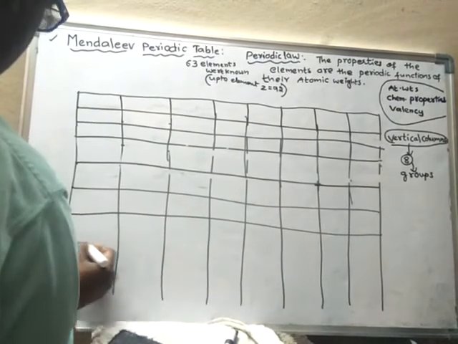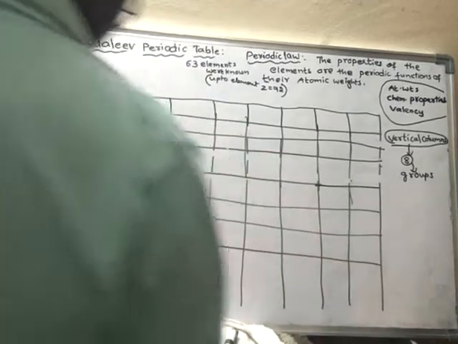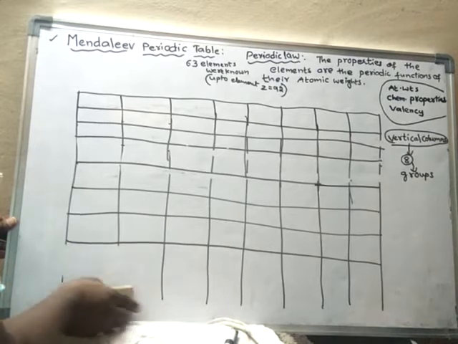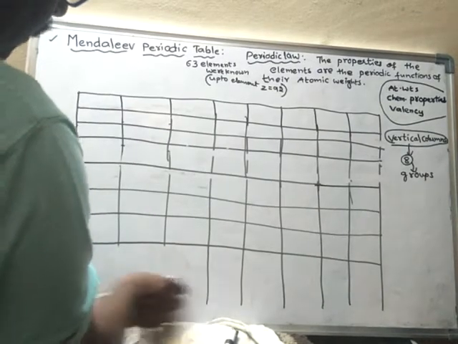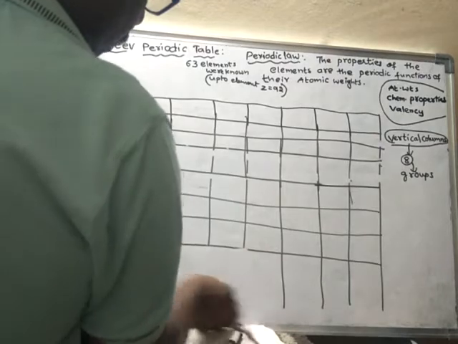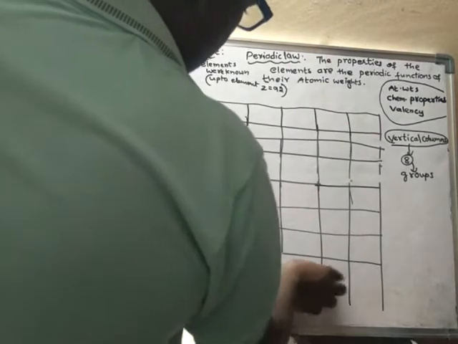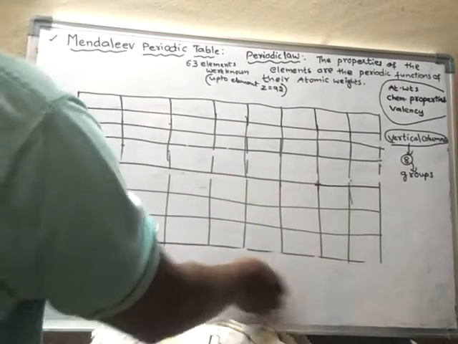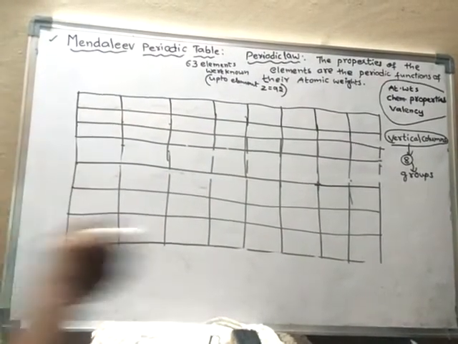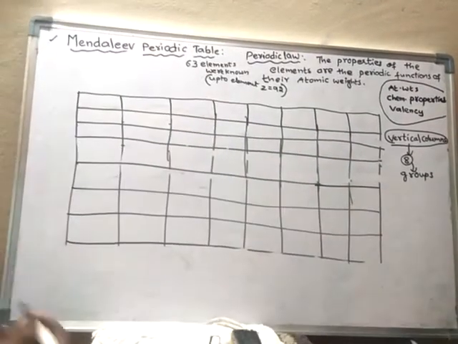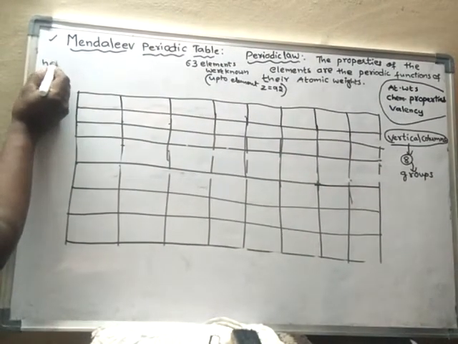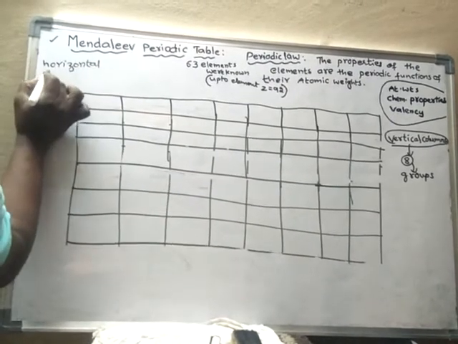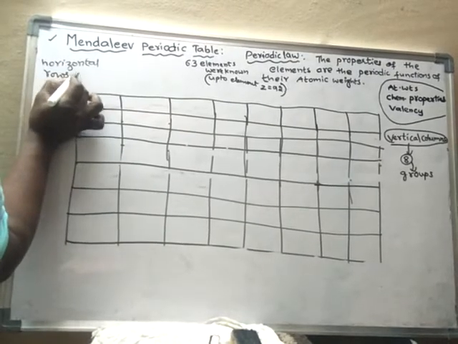Next, the seventh horizontal row. So the Mendeleev periodic table contains 7 horizontal rows. How many horizontal rows? 7.